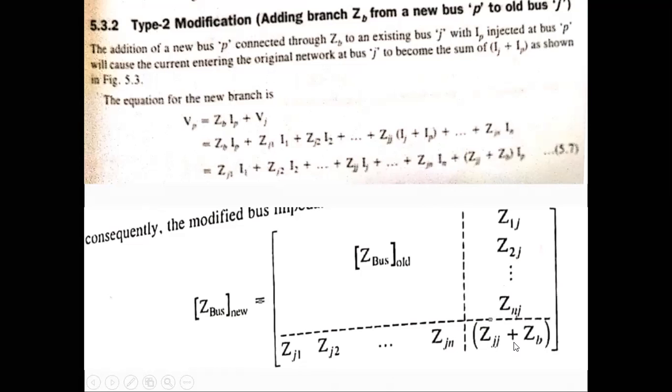After that ZJJ plus ZB, where ZB is the added element. This is the type 2 modification.